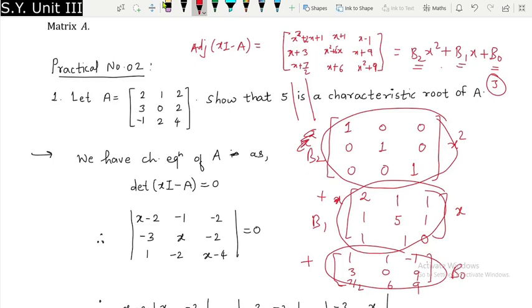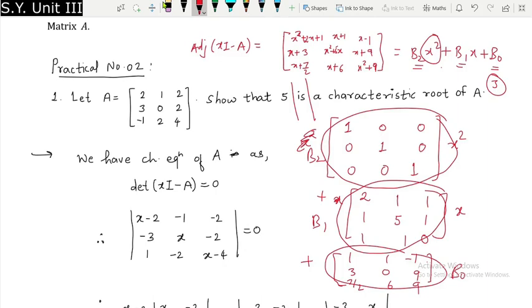Now this is the case for a matrix of order 3. So if you have a matrix of order n, what are we going to start with? Over here we are getting b2x square, so we are starting from x square. If we have a matrix of order n, then we will start with x to the power n minus 1, right?